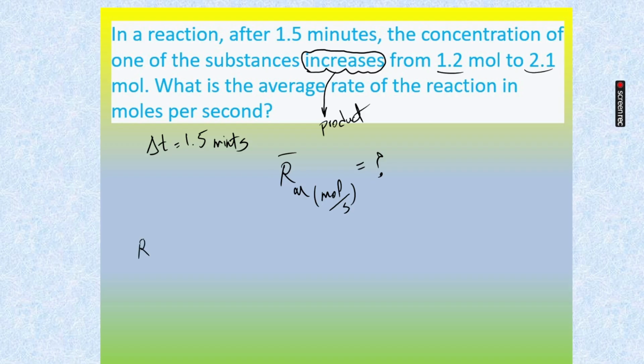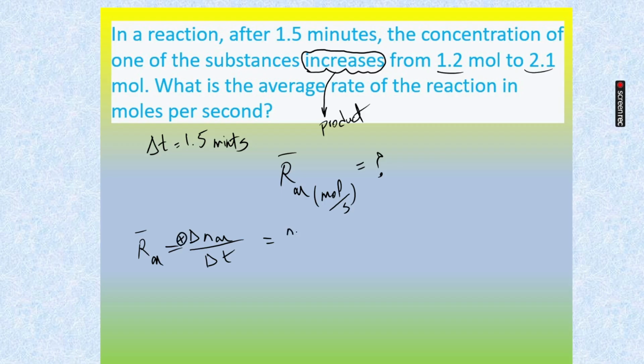Rate for X. The rate for X should be delta nX over delta t. X is the product, so it should be positive, not negative.